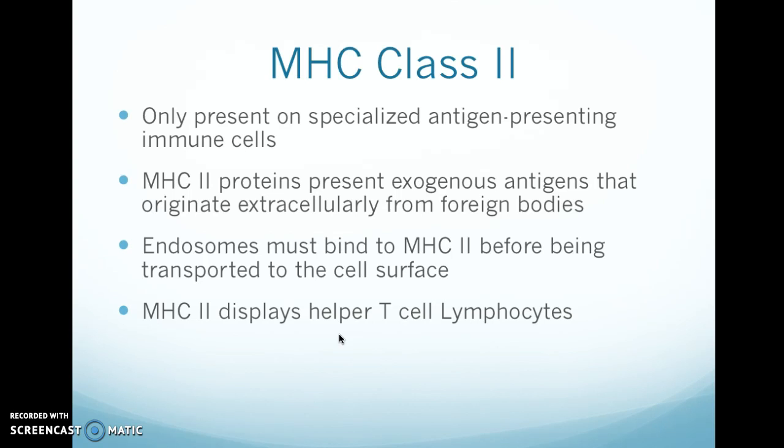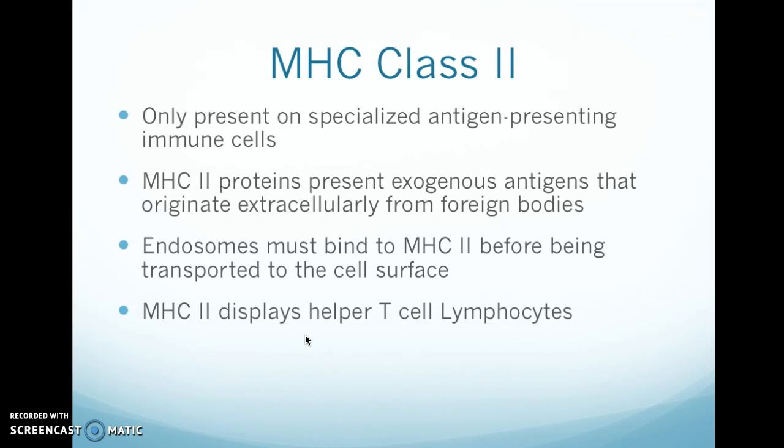And then the MHC2 binds the CD4 adhesion molecules on the helper T cells because they present antigen to helper T cells. And then MHC1 binds CD8 adhesion molecules on cytotoxic T cells. So MHC2 uses CD4, and then MHC1 uses CD8.